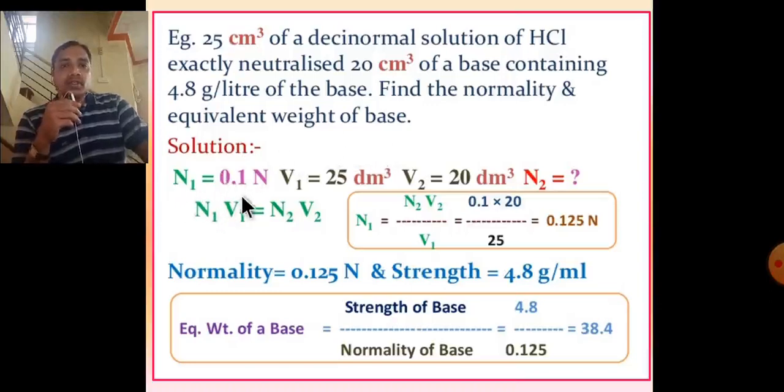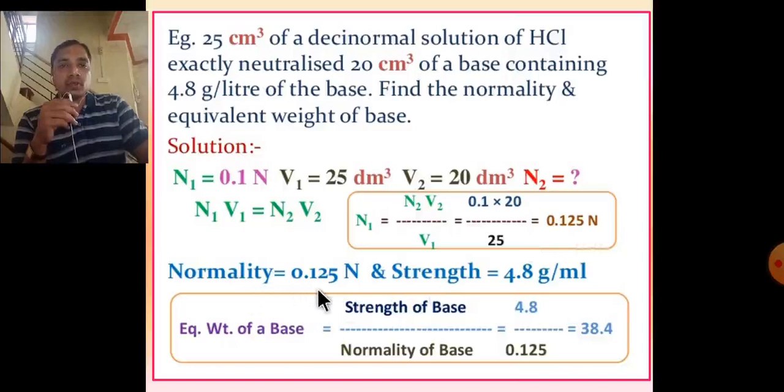Solution: N1 is equal to 0.1, v1 is equal to 25 ml, v2 is equal to 20 and N2 is to be found. Then calculate N1 v1 is equal to N2 v2. So N2 is equal to N1 v1 upon v2 is equal to 0.1 into 25 upon 20, which is equal to 0.125 normal solution.